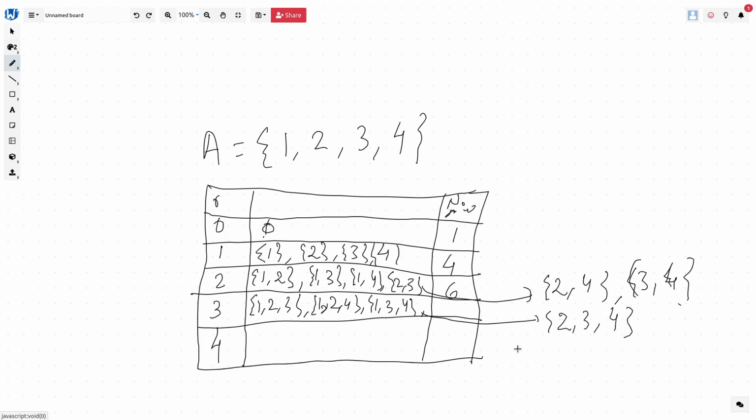Again, I will make a note: since these are the elements of the set, it doesn't matter if we write it as 4, 3, 2. So in counting subsets, the ordering is not important. So we have 4 ways of doing this, and the 4 element subset can be done only via one way, where we write all the elements.